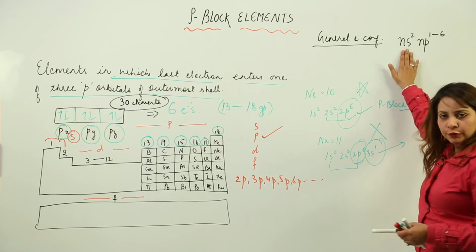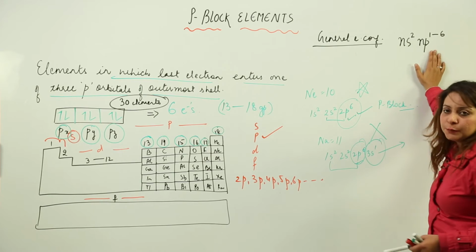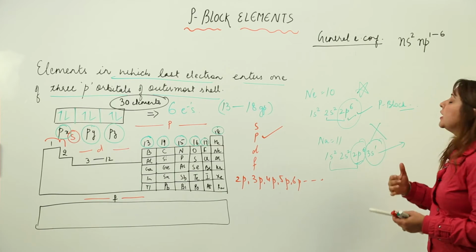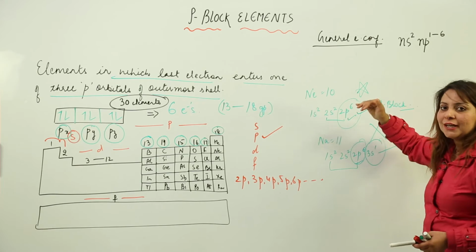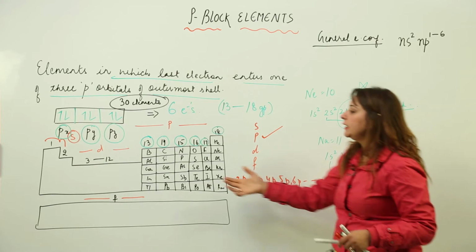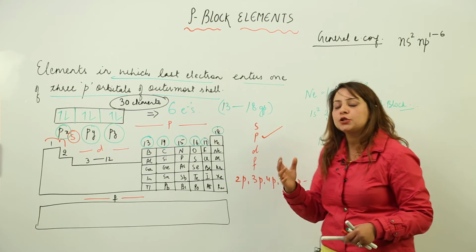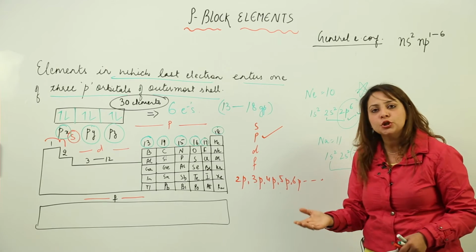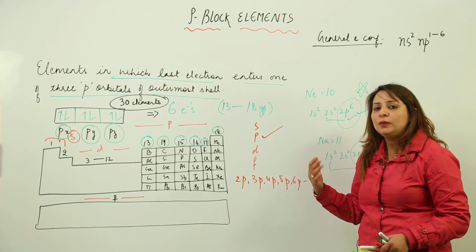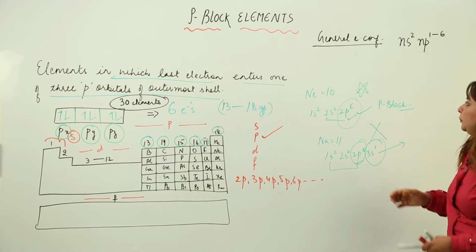So it has to be fully filled, then only the p is going to be filled. And how many electrons can p accommodate? According to group, the electrons which can be accommodated in p range from 1 to 6. So in some it is 1 electron, in some it is 2 electrons, like ns2np1, it can be ns2np2, it can be ns2np3, we will see that, right? So this is the general electronic configuration of p block elements.